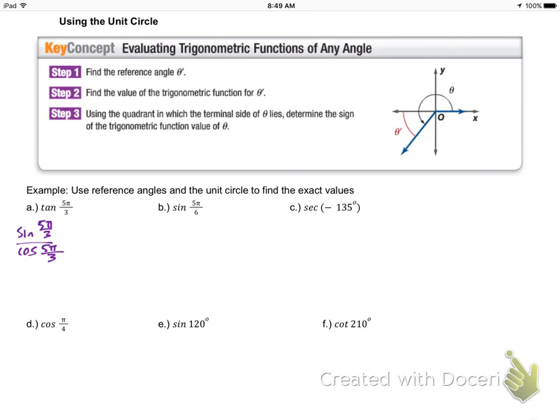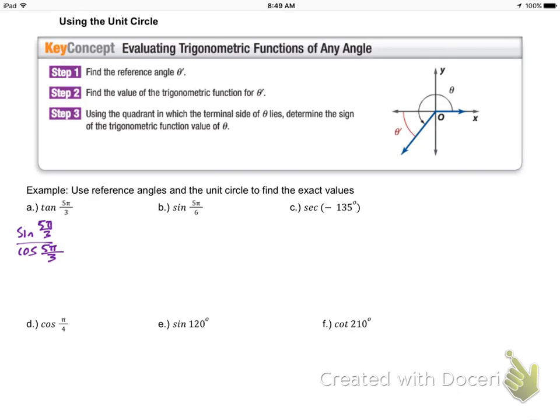And then now you can evaluate each of these. Now, if I'm using the steps from above, is 5 pi over 3 a reference angle? I don't think I'd use 5 pi over 3 as a reference angle. Now we have options.